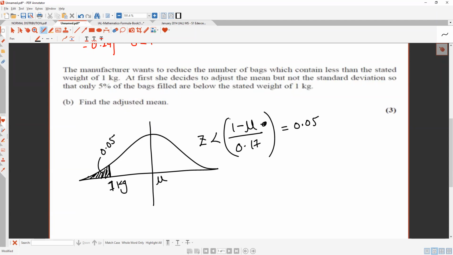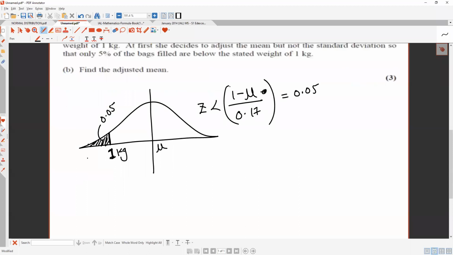The problem is this part is negative. We have to mirror image it and shift it to the positive side. There is some value here, we don't know what value it is. It has to give you 0.05 on the right side, because I mirror imaged it.